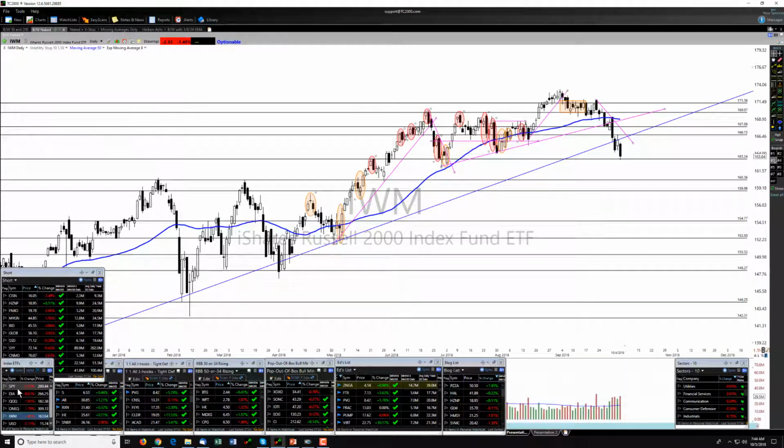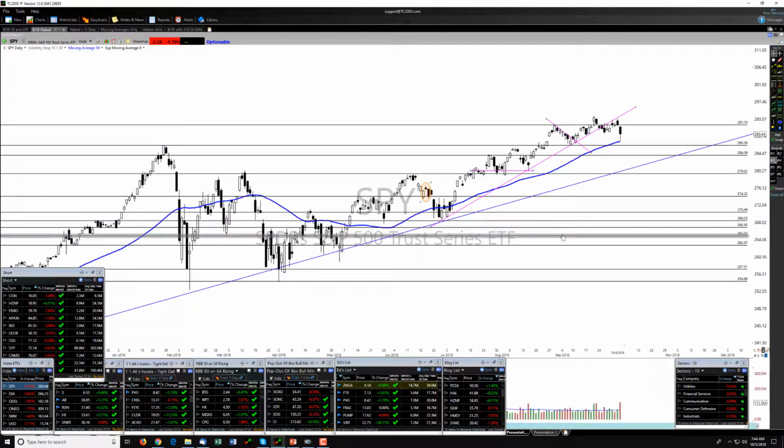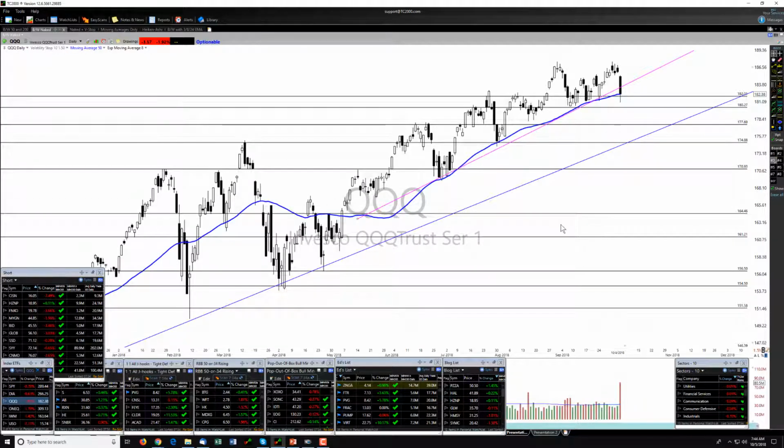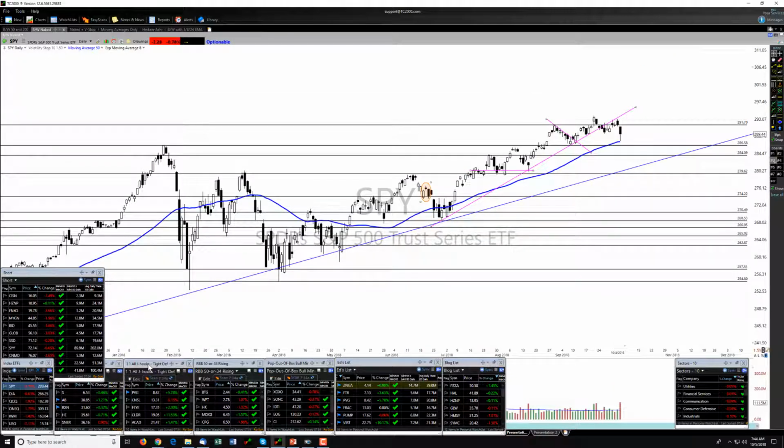The good thing is that on the three most often viewed or quoted or talked about indices in the media, they are all still clearly trending bullish. So, all is not lost. The overall market in the longer term still remains bullish, but in the short term, that's ugly. There's no getting around that.